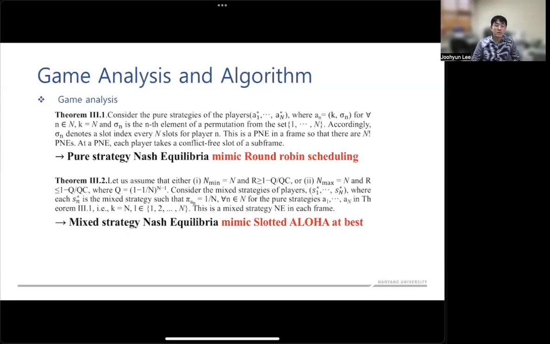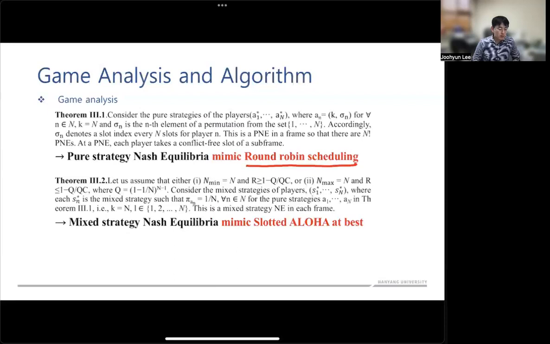So that's the ideal case: without any centralized entity or centralized scheduling, each user chooses a different time slot in a subframe. So the efficiency becomes 1. It mimics centralized round-robin scheduling, which is a desired equilibrium we want to have in this problem.